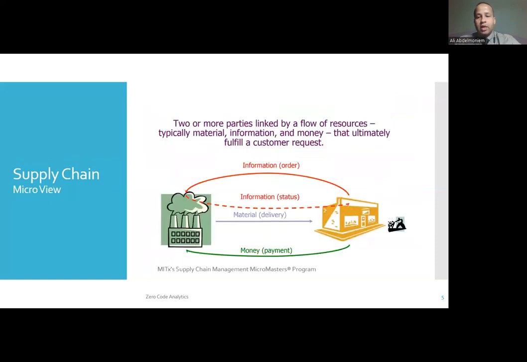On a micro level, a supply chain can be applied to any business to business in the market. At this level, we have exchange of material for money and information flowing on the price, delivery, shipping, and reception of the product or service.